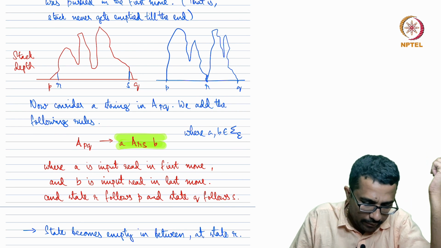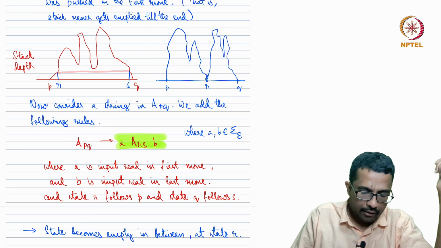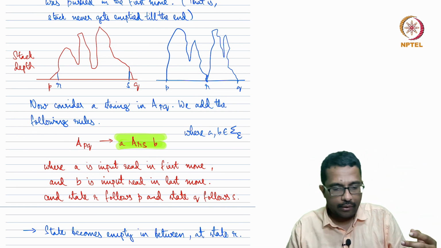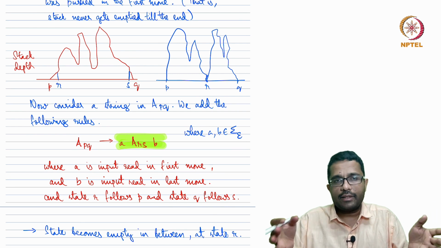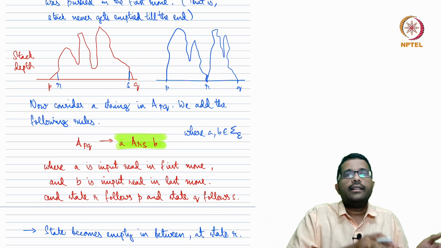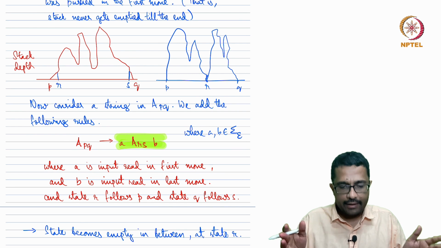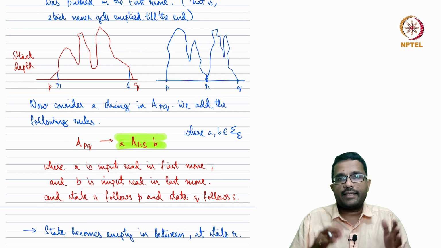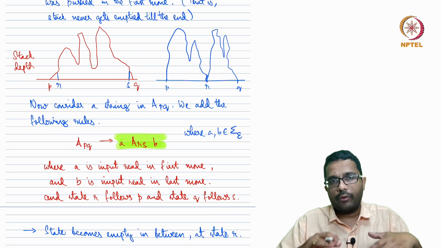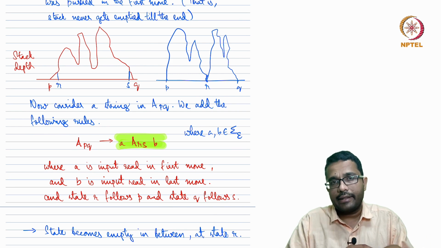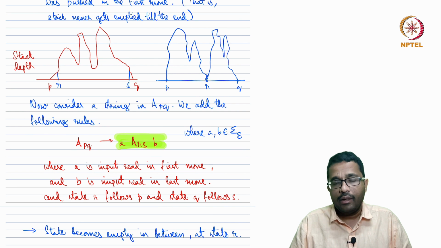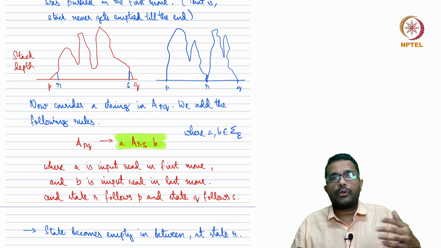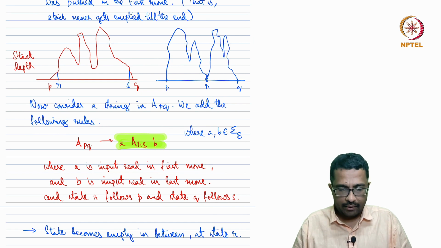Which means from R to S, whatever was the stack, that single symbol we never touched. So the remaining middle part of the string took the PDA from R to S while keeping the stack intact, meaning whatever was already in the stack, it retained it, which means that it can also take the PDA from R to S with an empty stack.